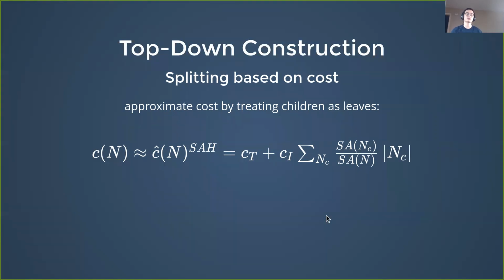So what we need to do is approximate the cost function by treating the children as leaves. So here we basically just go through all the children and use the surface area heuristic to approximate the cost.